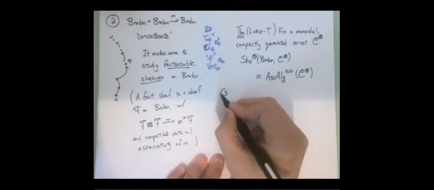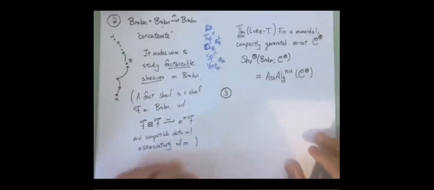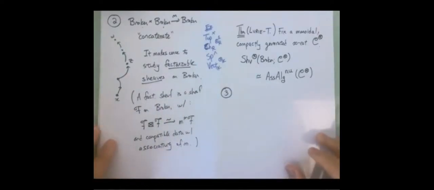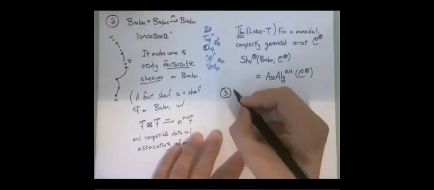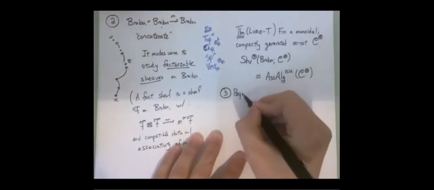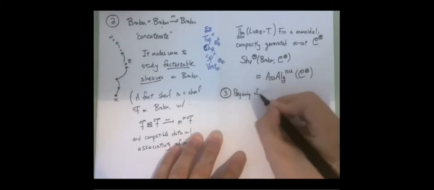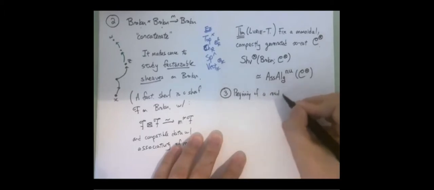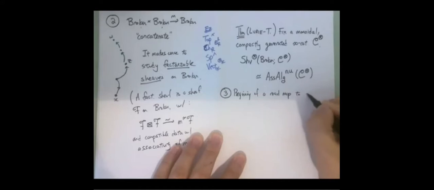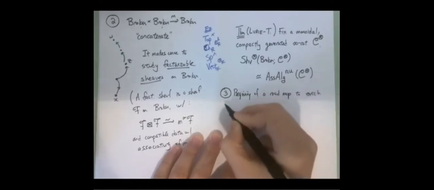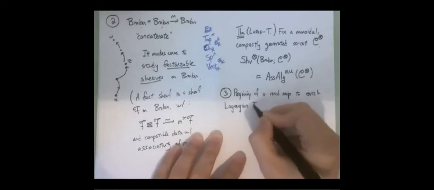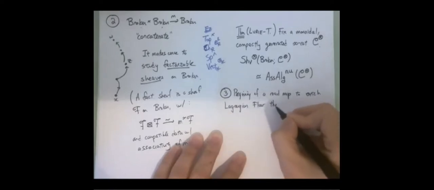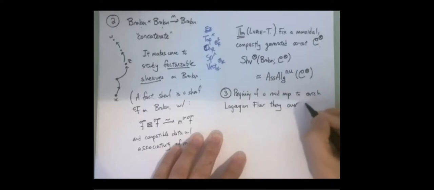And so here's somehow the real motivation for why we are studying this stack, which is that this gives the beginnings of a roadmap to enrich Lagrangian Floer theory over spectra.